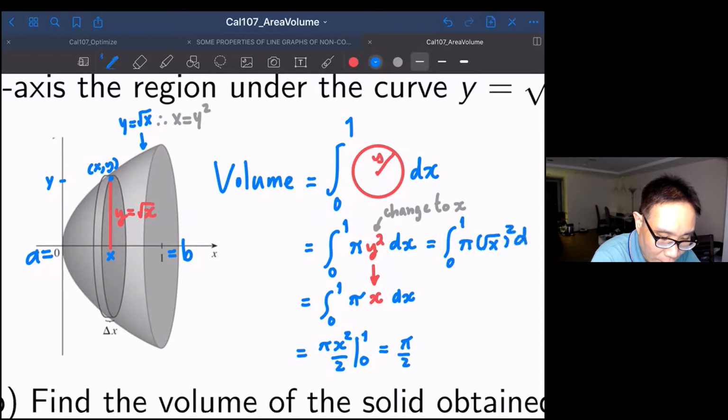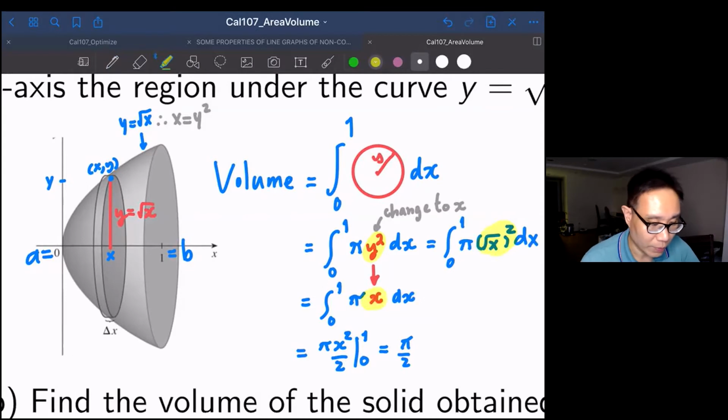Of course you can, it is the same thing. This one is y squared, this one is root x squared, so you end up with the same thing. So this is the volume of the solid of revolution by using the integral of the area of the cross section.